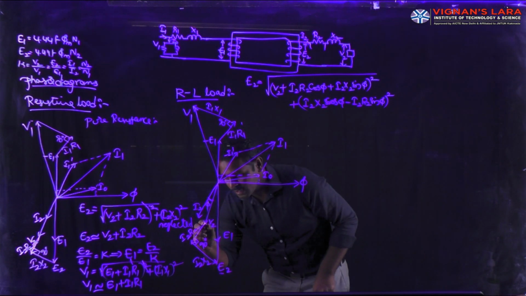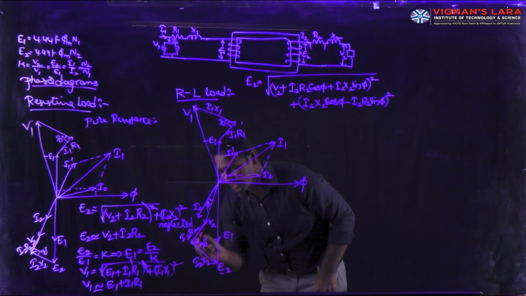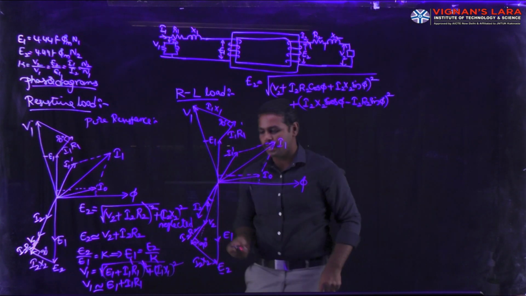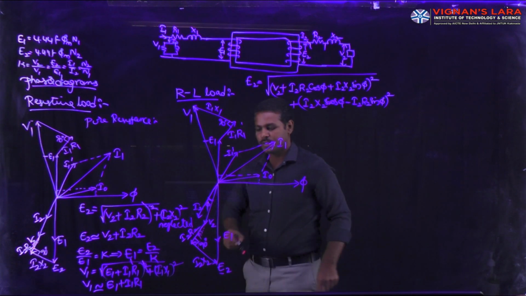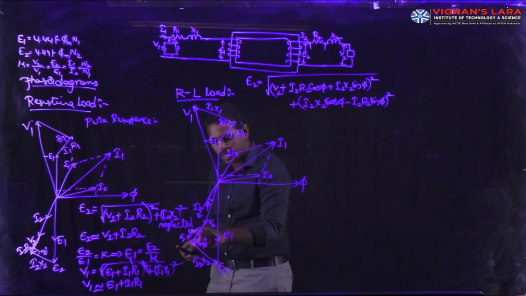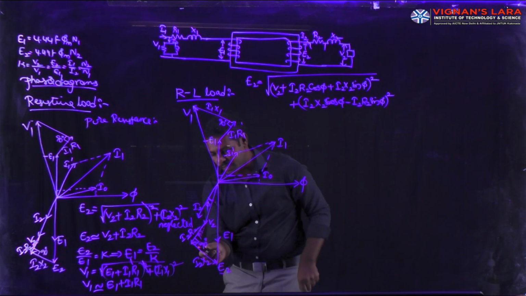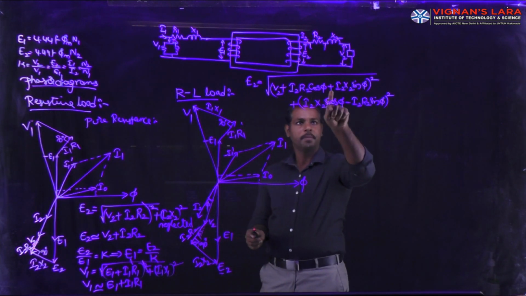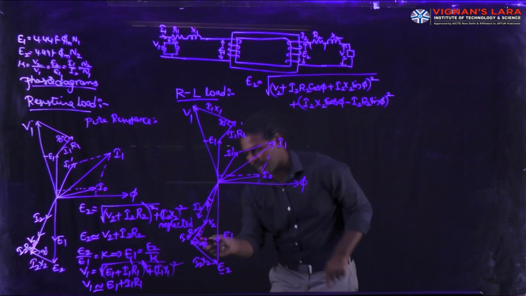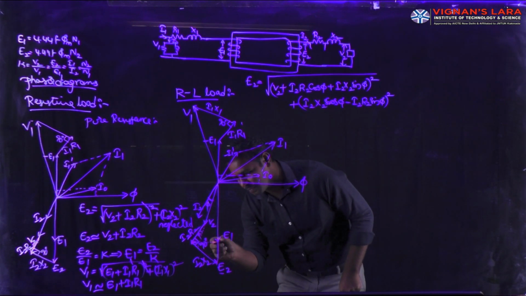In this, we are extending this one. The phi value is also equal to phi. I2 into R2 cos phi is the magnitude of this one. So I2 R2 cos phi plus I2 X2 sin phi. In this one also we get the same path.